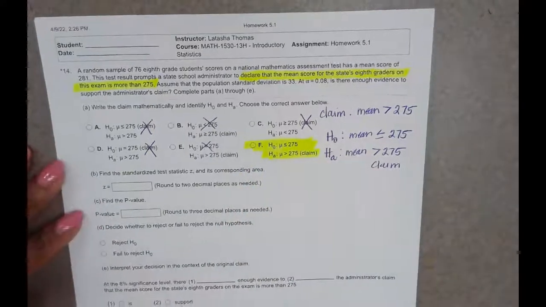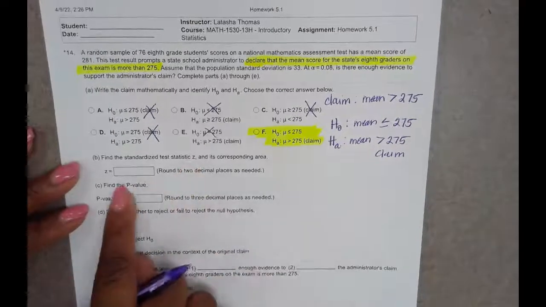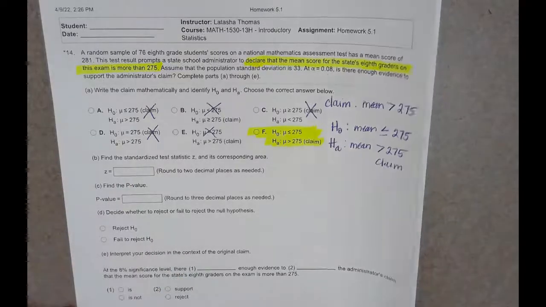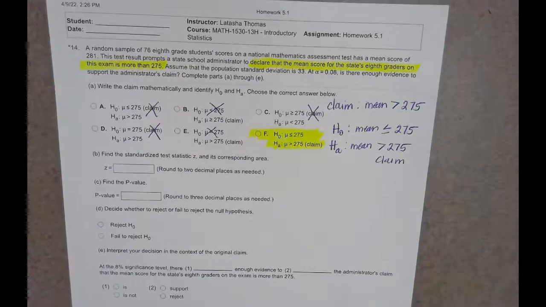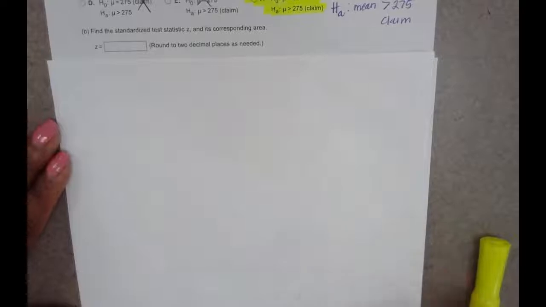Alright, now we need to find Z using our formula. So I'm going to use another sheet of paper. Let's find Z. If you're using technology to find Z, you're probably going to get more of what this answer has.